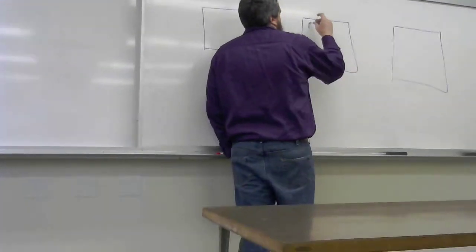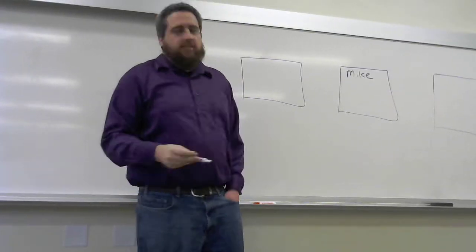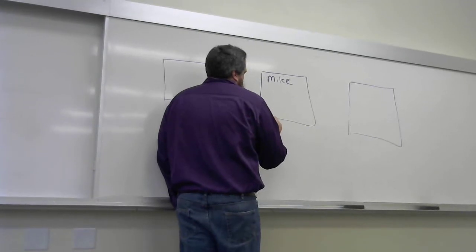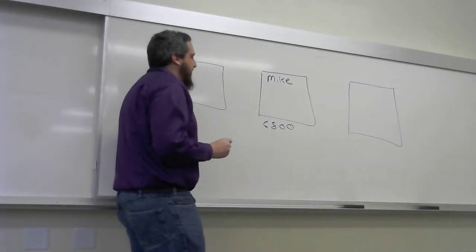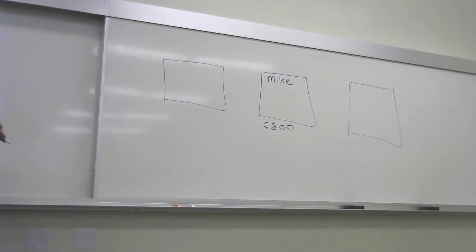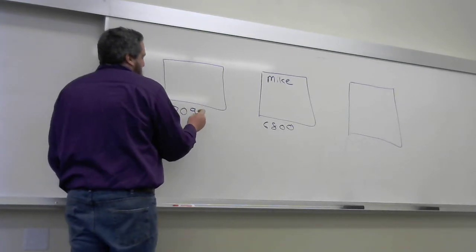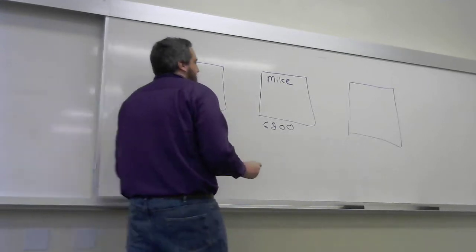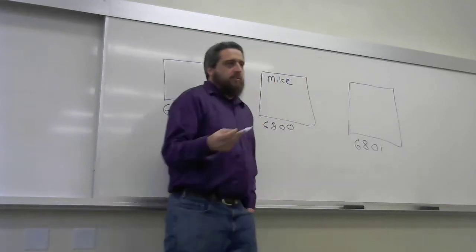Mike lives in his house, and Mike's house has the address 68,000. We have another address over here, which is 67,999. The address on the other side is going to be 68,001 for the houses.